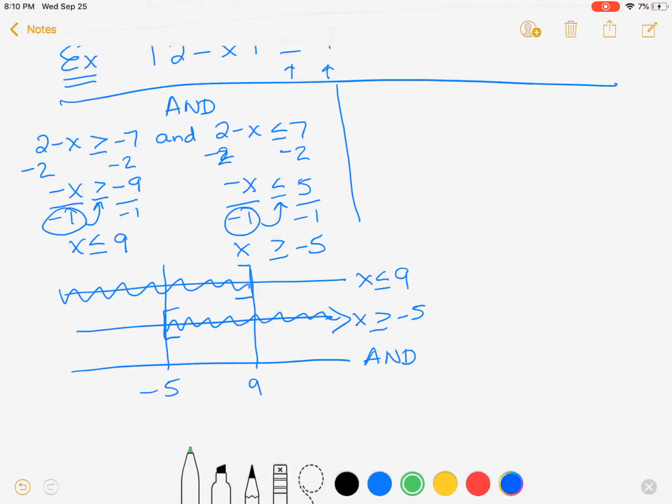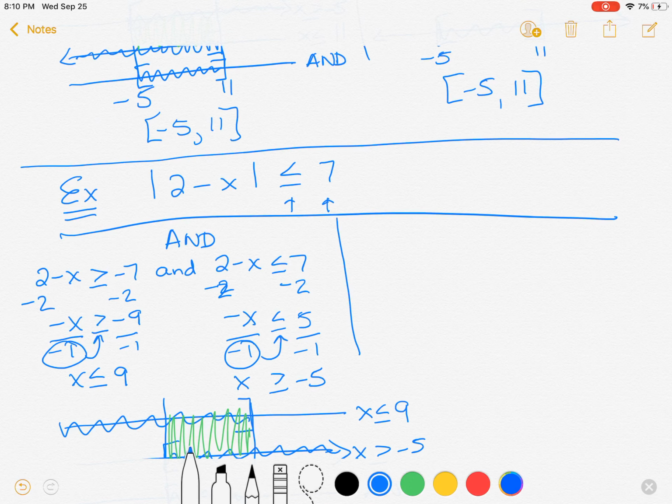And is where they overlap. So where did they overlap? Here in the middle. So my answer is from -5 to 9. And you can say that with your interval notation. -5 to 9.